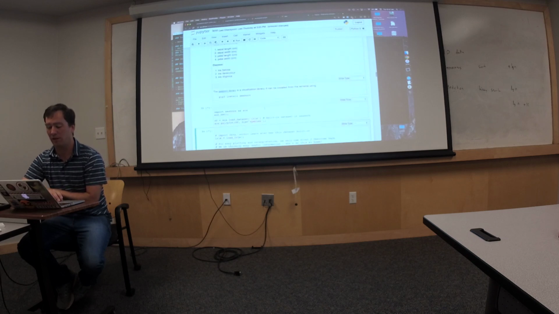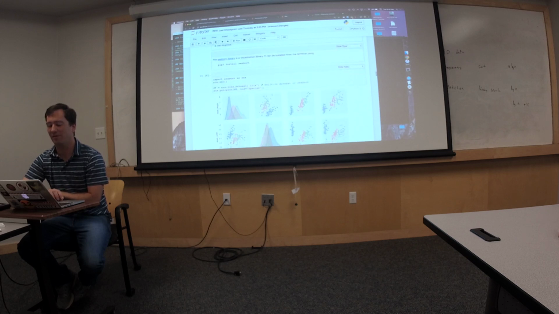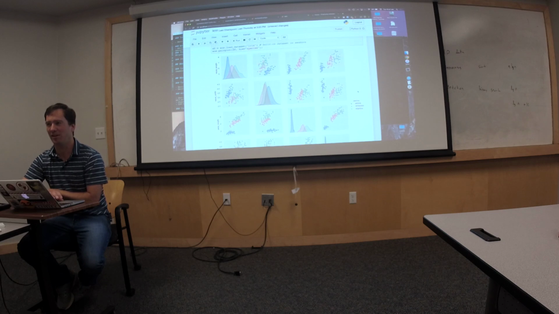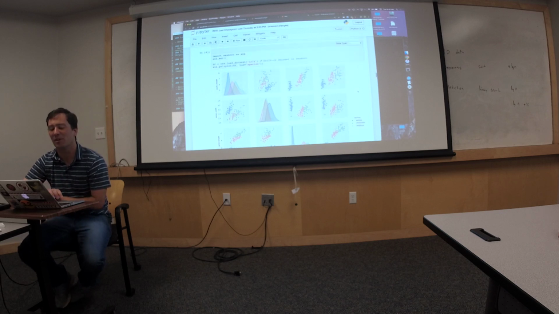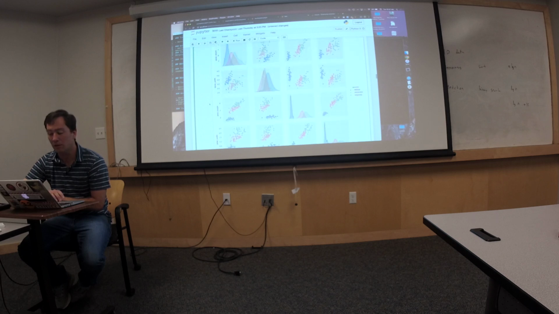We'll take a look at Seaborn, a library built on top of Matplotlib that draws prettier pictures by default. So this is like the scatter matrix, but it looks nice. Okay. So we are loading the iris data set and then just doing this pair plot.